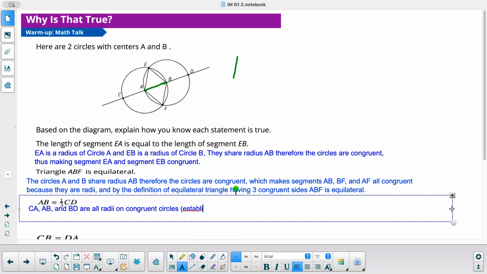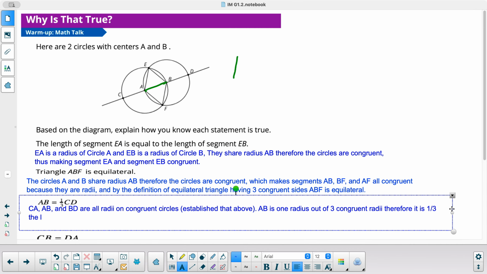We established that above. And then we would say AB is 1 radius out of 3 congruent radii. Therefore, it is 1/3 the length.